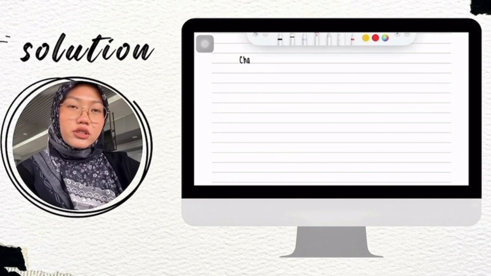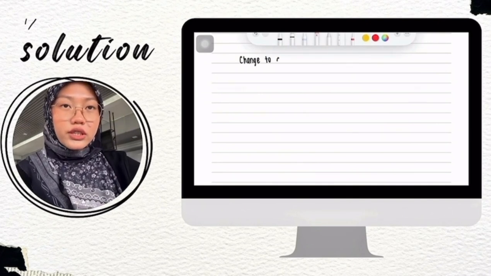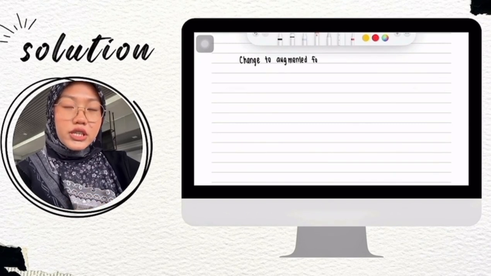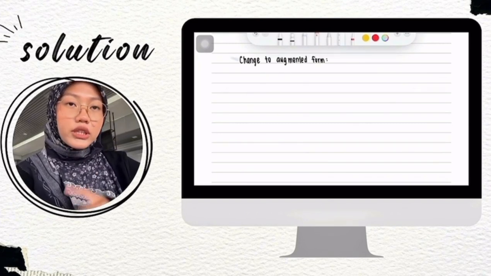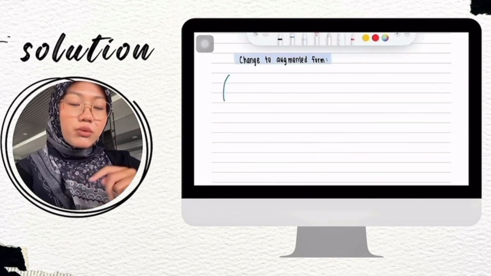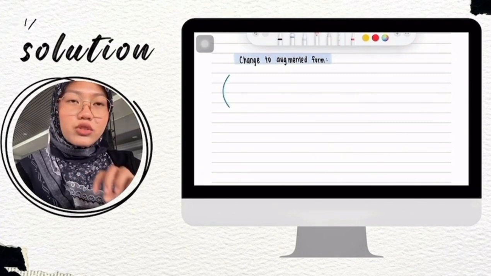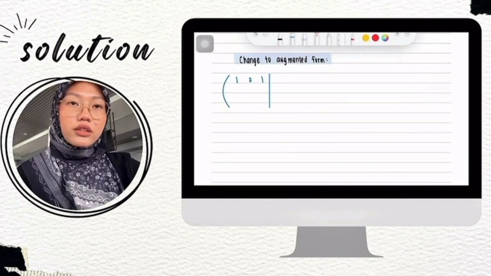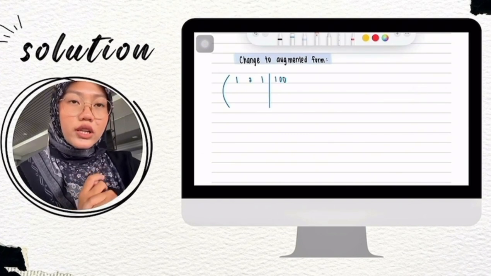So in this solution, we will be using the Gauss-Jordan elimination method by making the matrix into RREF by performing ERO. So first step, we need to change the matrix into augmented form. Then here we will get the first row 1, 2, 1, and 100.